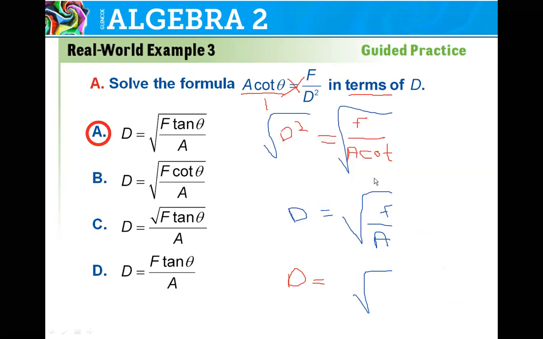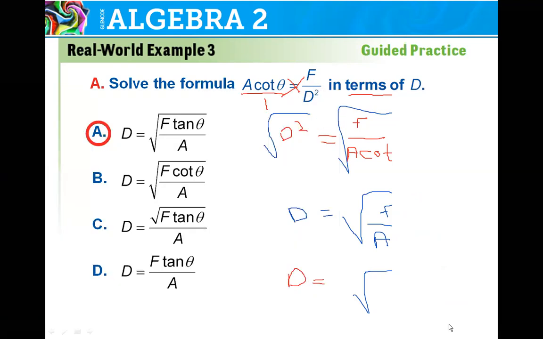We're going to the next example. But I leave this example for only 20 seconds. The first step: solve the formula in the terms of D, it means D equals.